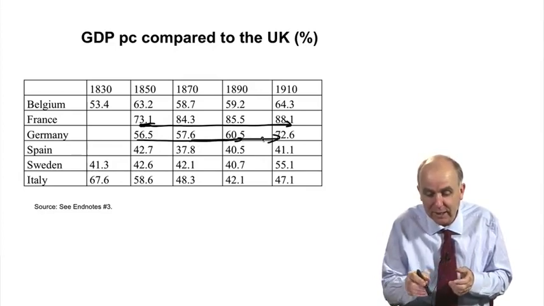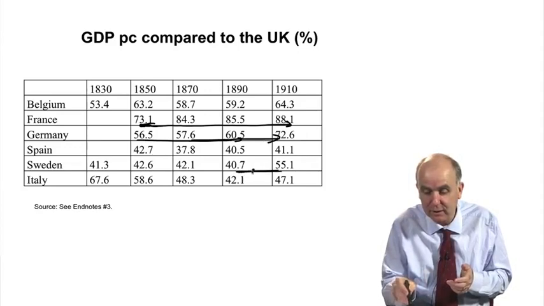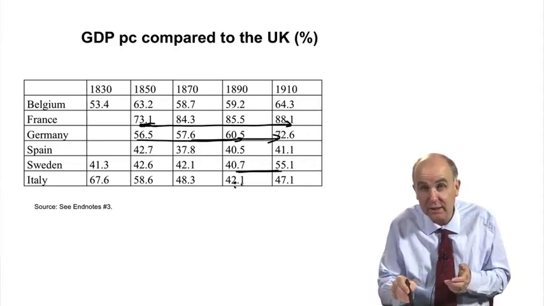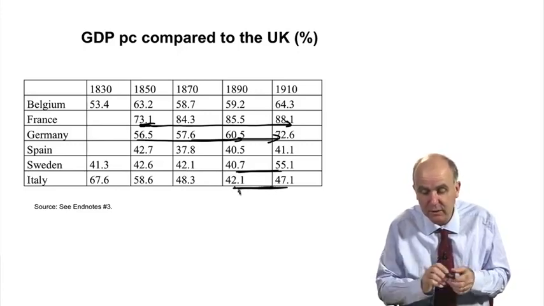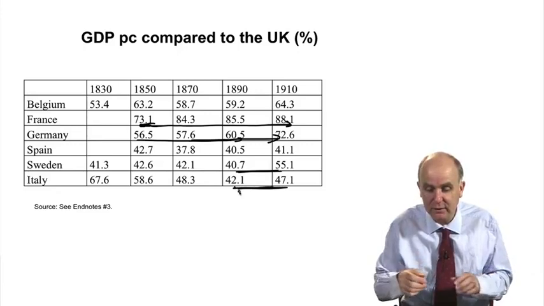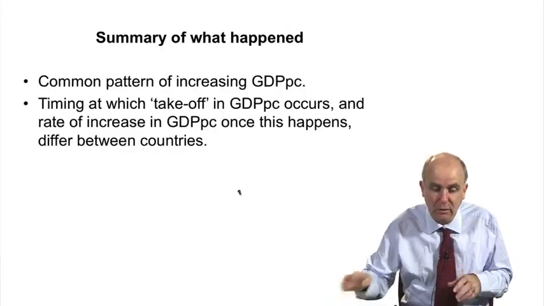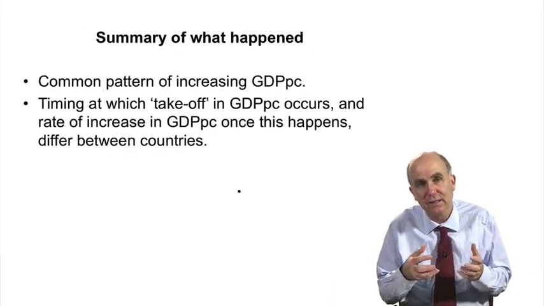Whereas in the other countries, if you look at Sweden, it's only after 1890 that you get the takeoff. Italy, in fact, declines against the UK and then increases a bit from 1890 to 1910. So what I take from this is two points.